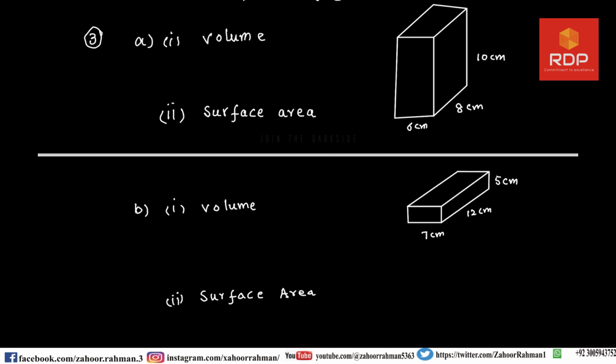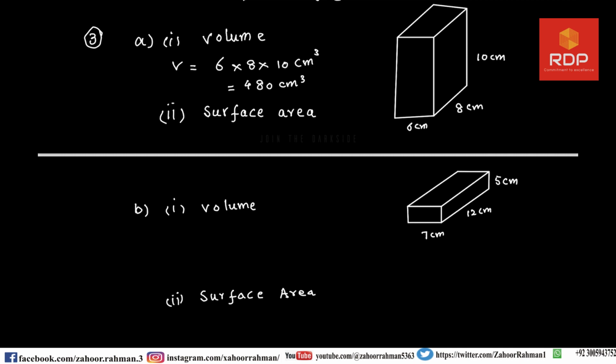All the things are given, we only have to calculate the multiplication of these three sides. So in the first case, volume will be equal to 6 multiplied by 8 multiplied by 10, and that will be equal to 480 centimeter cube because it is given to us in centimeter.